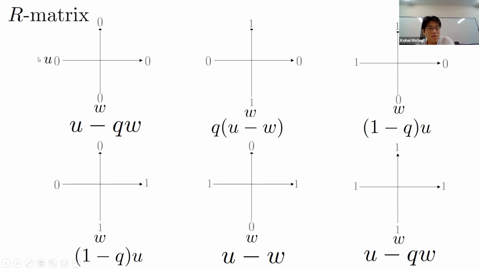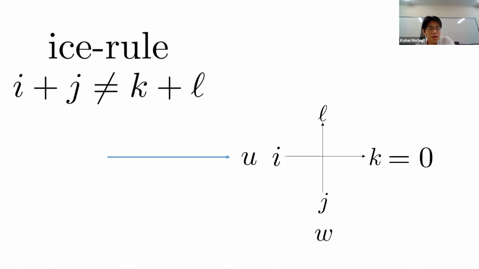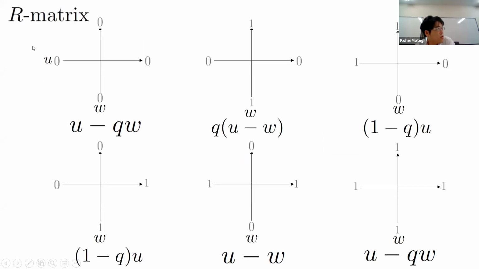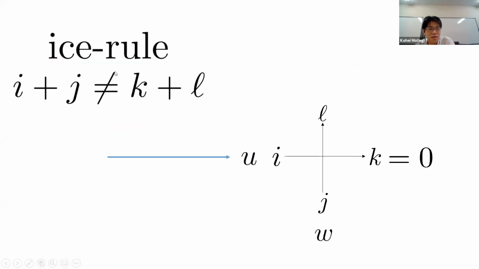I will just remark this. Also, an important property of this six-vertex R matrix is that if the sum of this state and this state is not equal to the sum of this state and this state, then this R matrix element becomes zero identically.